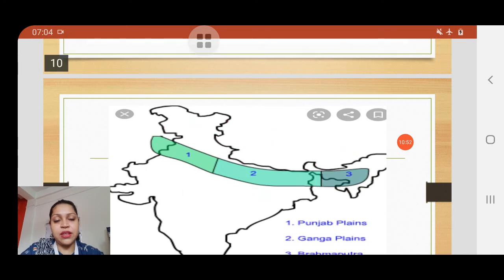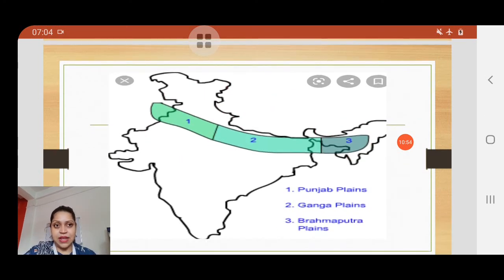We have the Brahmaputra plains. First the Punjab, it's called Punjab plains also, and it's called Indus basin also, made by the river Indus. Number 2 made by river Ganga, the Ganga plains, and number 3 made by river Brahmaputra.